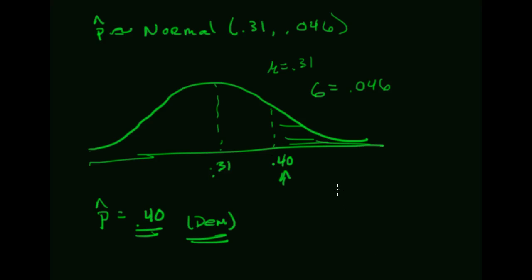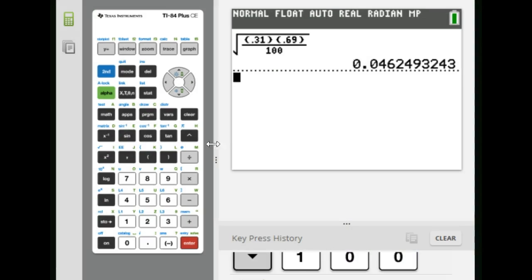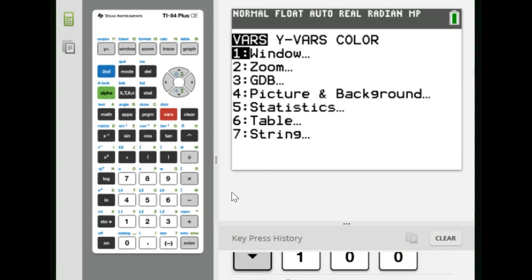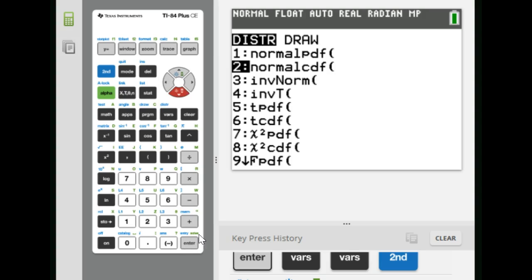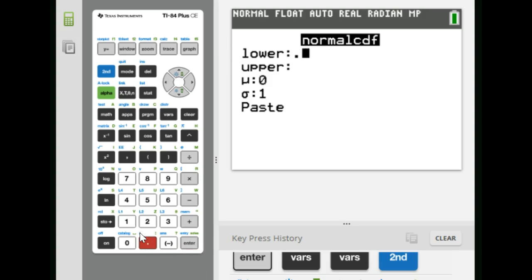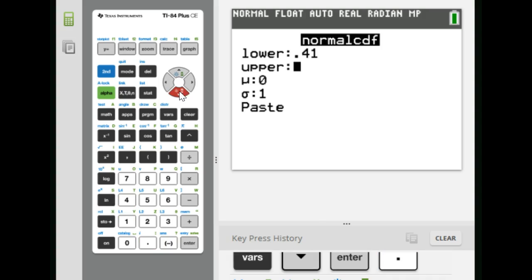So this should be a normal CDF case, where my minimum is 0.4, with a mean of 0.31 and a standard deviation of 0.046. Let's go ahead and do that. I'm going to go 2nd, Vars, there we go, normalcdf. My minimum value is going to be 0.4. My upper value is going to be some extreme value, because I'm going to need some approximation for infinity there.